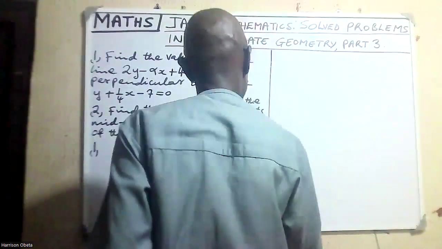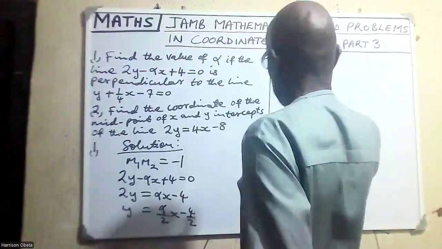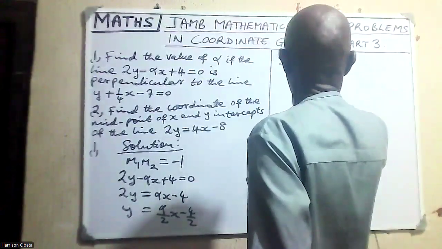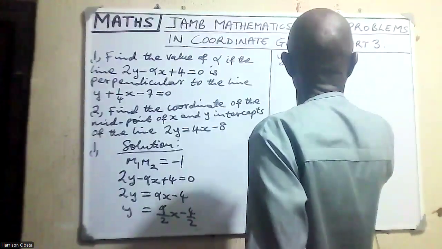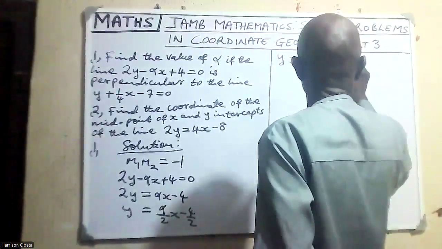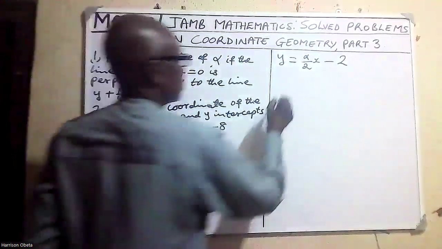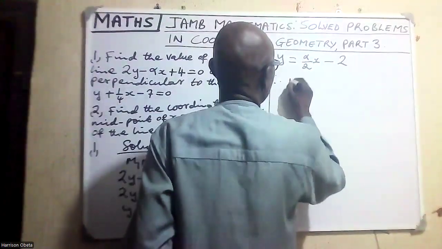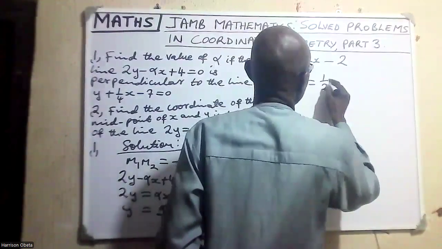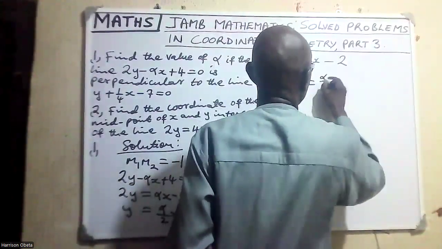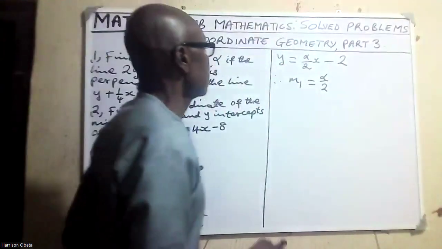So coming over here, we have y equal to alpha all over 2x minus 2. Therefore, our m1 should be alpha over 2. That's the coefficient of x.